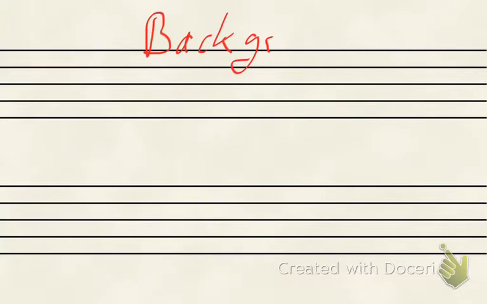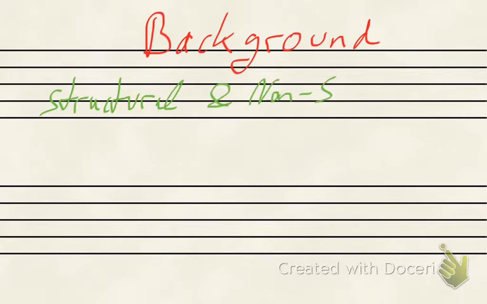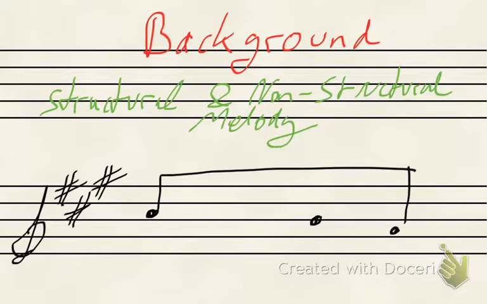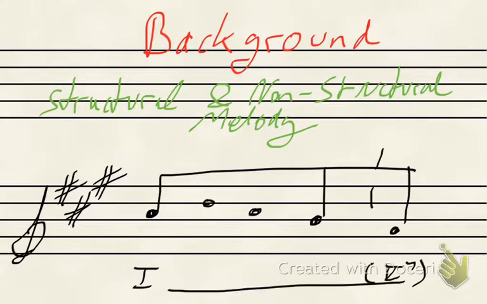The background is basically a reduction of my foreground, where I only look at the structural and non-structural notes from the melody. And it looks something like this, where we have the 3 structural notes and then the 2 non-structural pitches in between, which gives us this harmonic context.